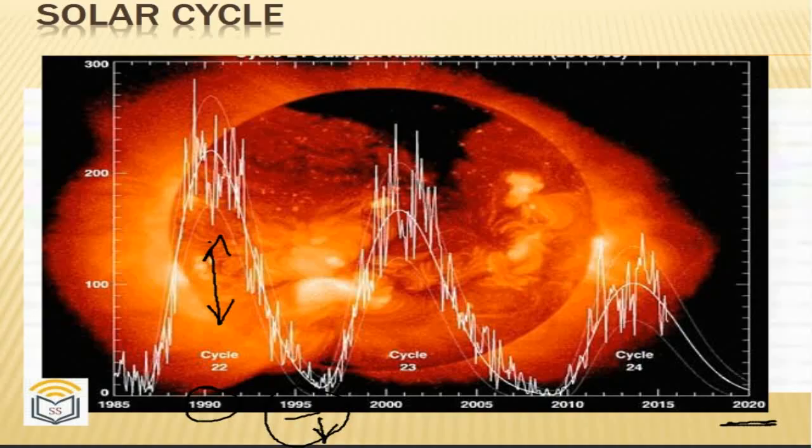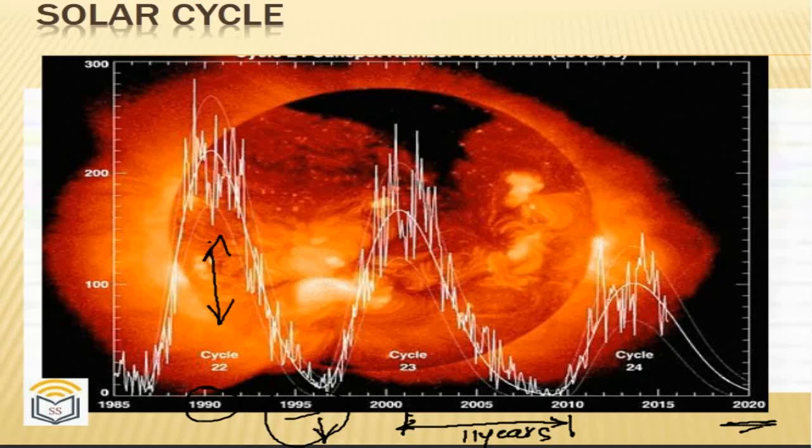As per this graph, we should witness a solar minimum at this point, and you can also observe that this is a period of almost 11 years.